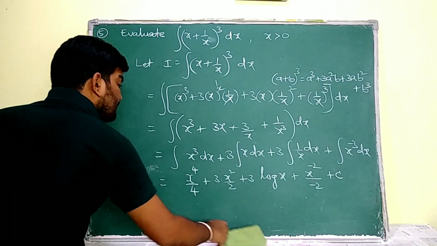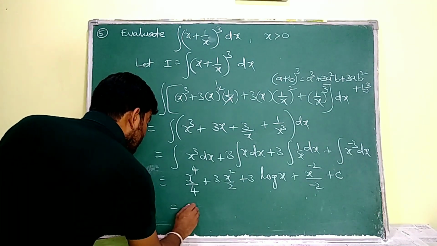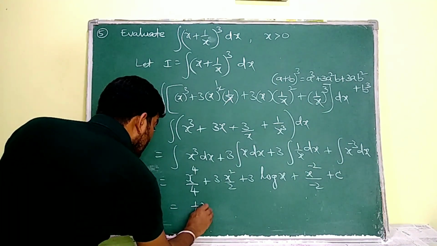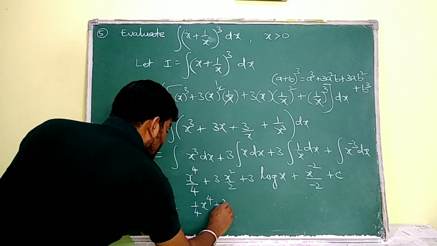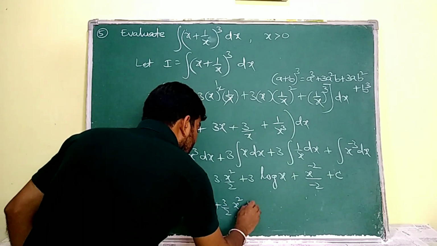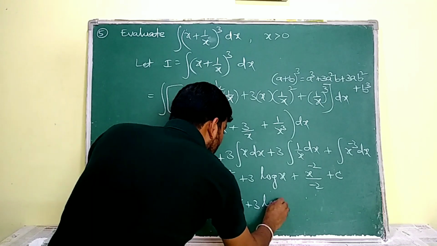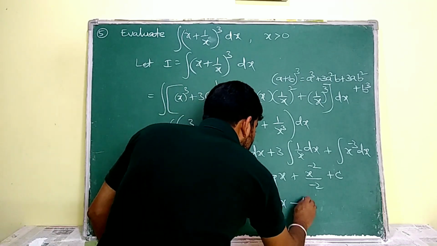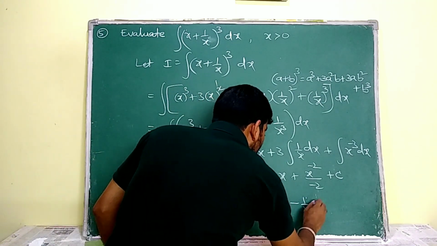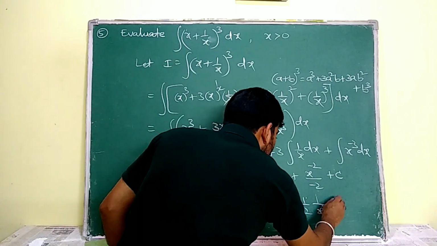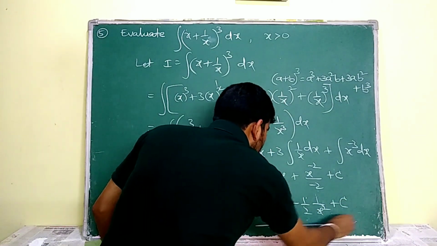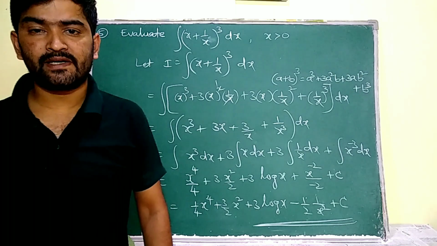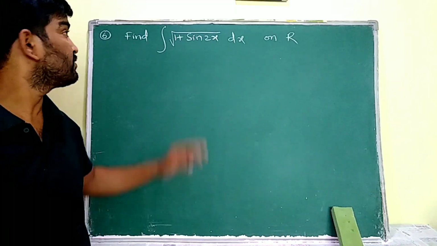Okay, this is our answer. If you want to simplify it, then 1 by 4 x power of 4 plus 3 by 2 x square plus 3 into log x, and it is minus 1 by 2 into 1 by x square plus c. This is our answer. Understand? It is a very important question.